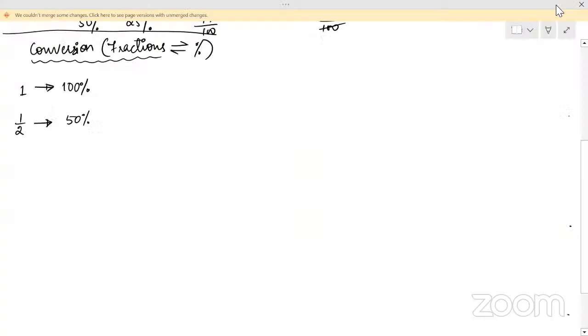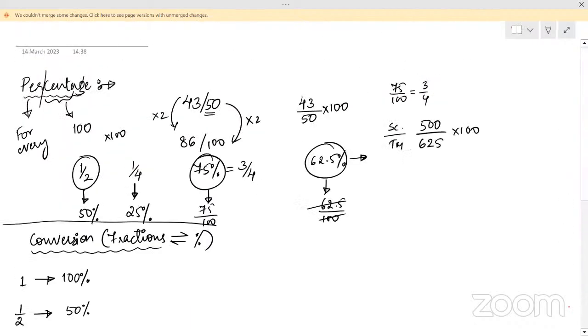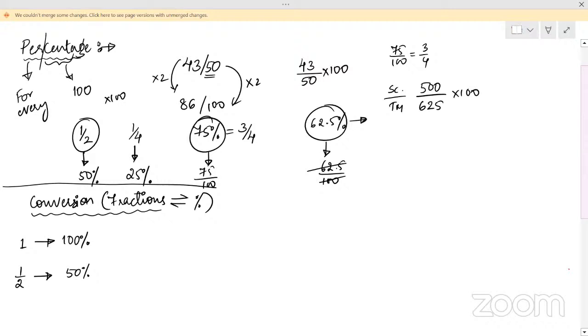Now it's visible. So you people were not able to see what I was writing on the screen. My bad, I'm really sorry, guys. I thought whatever I'm writing was visible to you. I was not aware that I wasn't sharing this particular window.